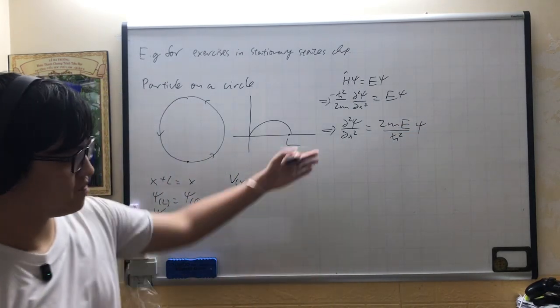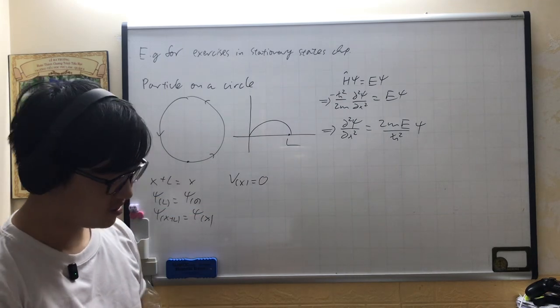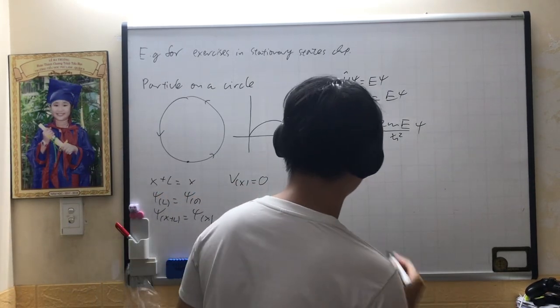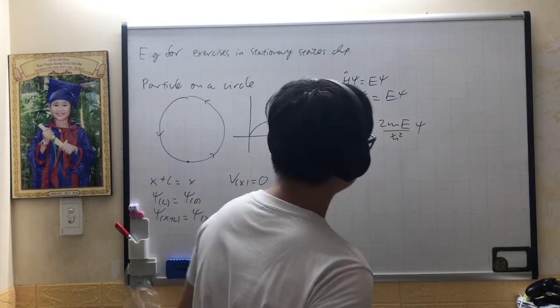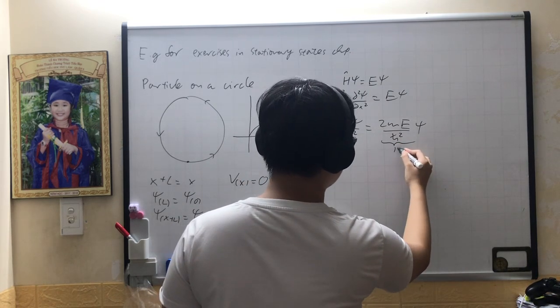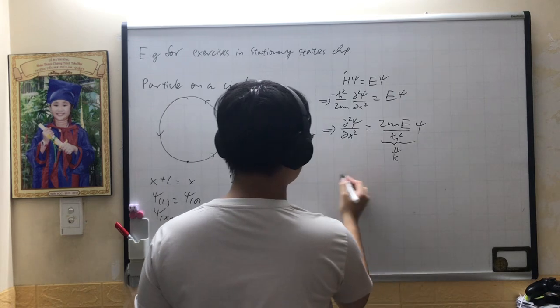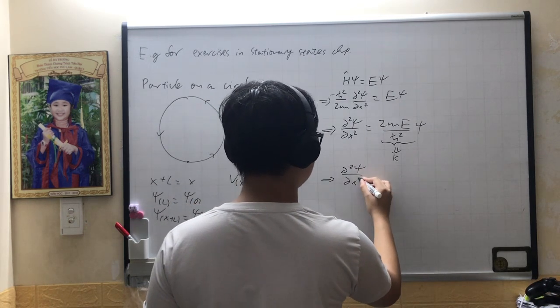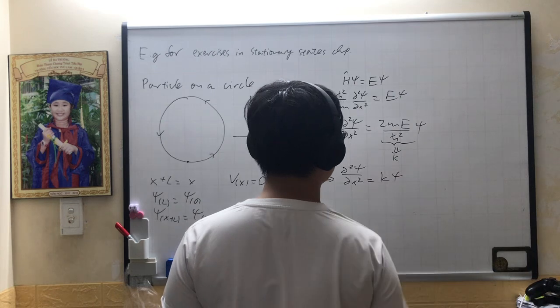And here you can see something familiar appearing already. And this guy, you can take this to be k squared. Therefore, your equation becomes something like this.